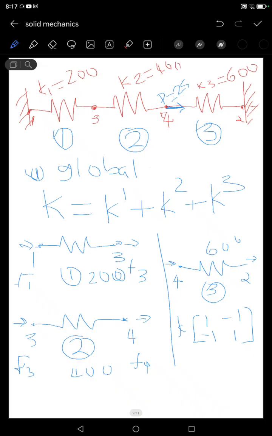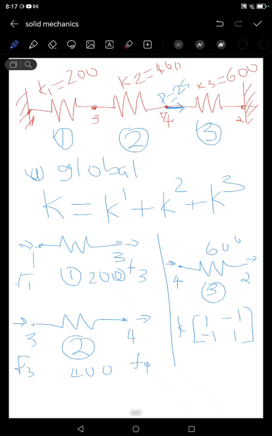And remember, at node 3, K1 and K2 are joined here. Last time I said that where we have a node, F2 plus F2 equals 0 because there's no external force, which means our F3 is going to be 0.